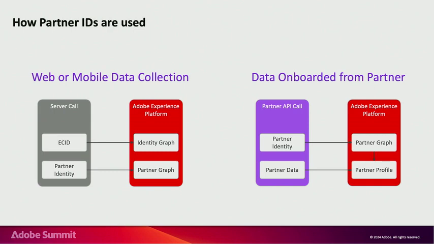That goes into your partner profile. So this is saying this prospect XYZ has this information we know about them. That will sit in Adobe Experience Platform until either it's joined together with a customer ID that makes a complete customer profile, or you can use it for your marketing efforts, such as your display ad retargeting or your email messaging, depending on that partnership with the partner and the data they're providing.